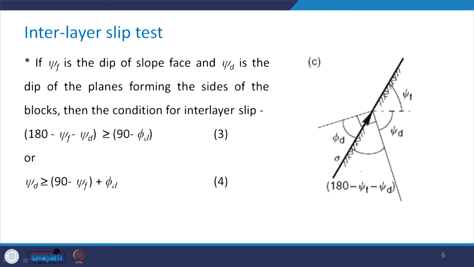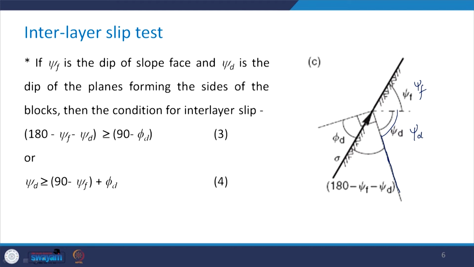If psi f is the dip of the slope face, as has been shown in this figure, this is your psi f, and psi d is the dip of the plane forming the sides of the block. So, you have seen that there were blocks. This is the side of the block, and this angle is psi d.